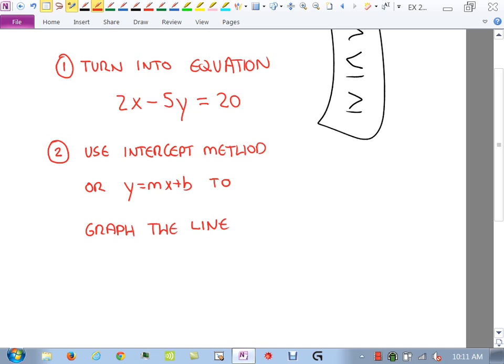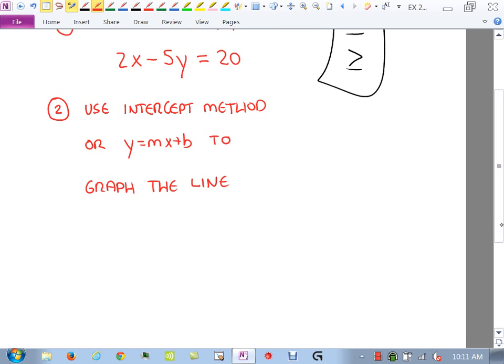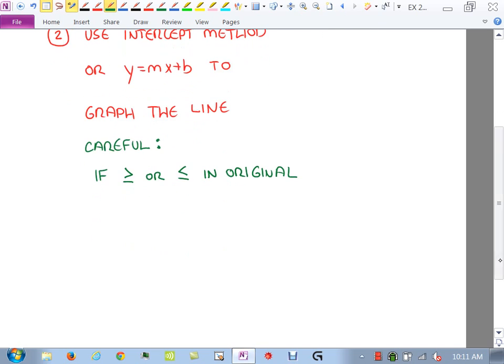Now there's a huge kicker here. There's a huge thing we have to be careful about. I'm going to put it right under this. Careful. If you have this symbol or this symbol in your original problem, that equal sign tells you something about your line you're going to draw.